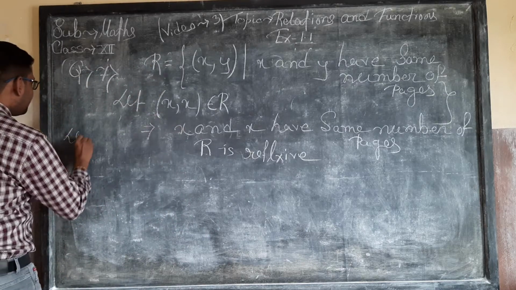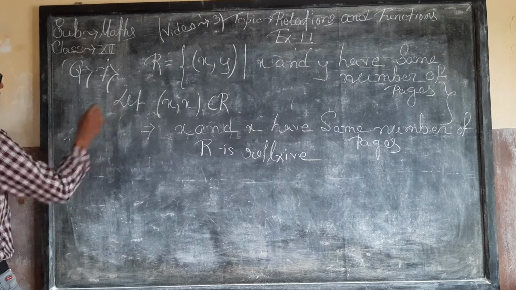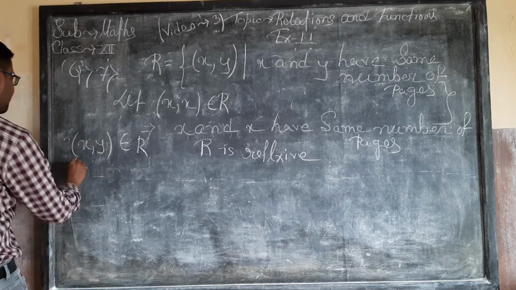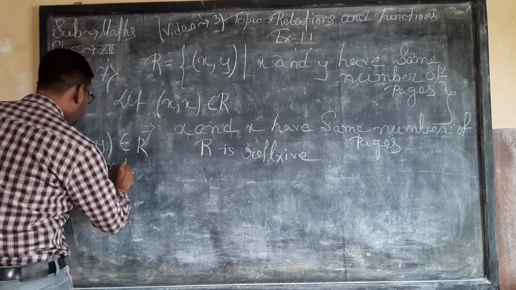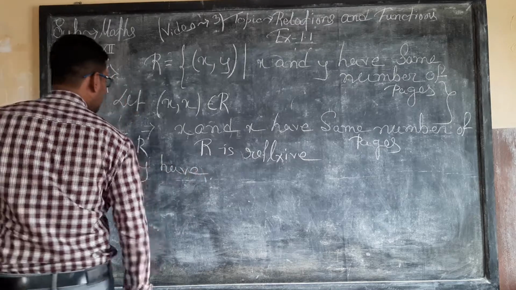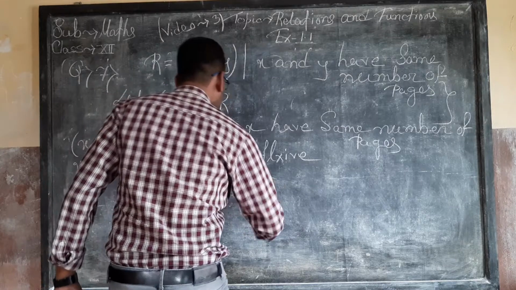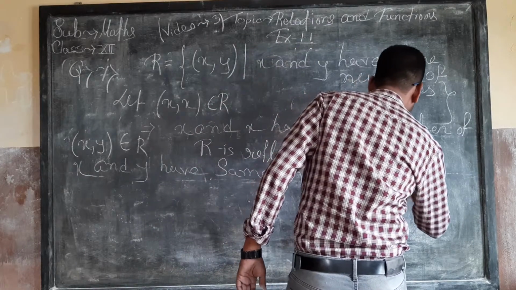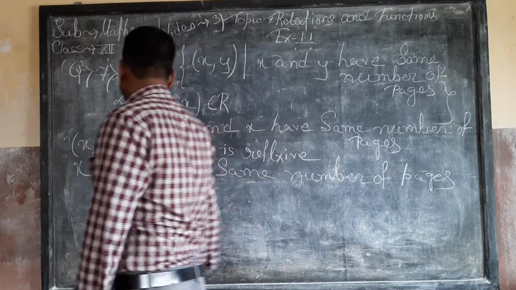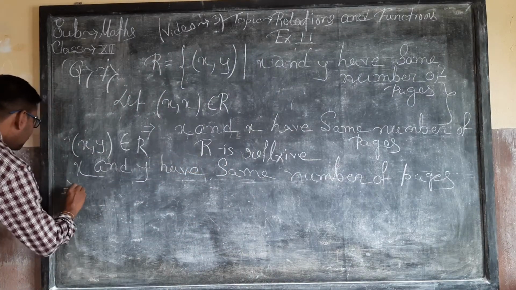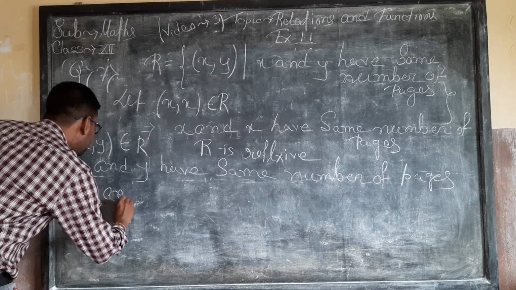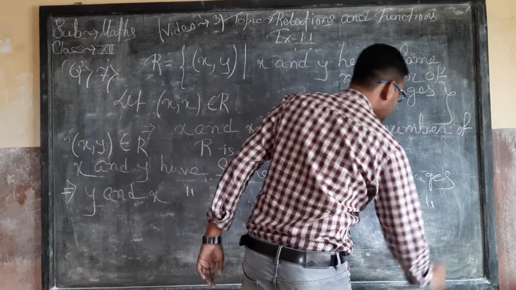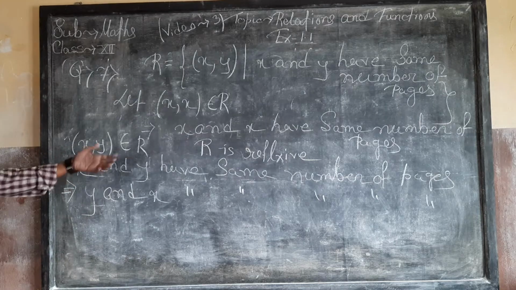Second one, symmetric. As per our given conditions, let (x, y) belong to R. That means x and y have the same number of pages.